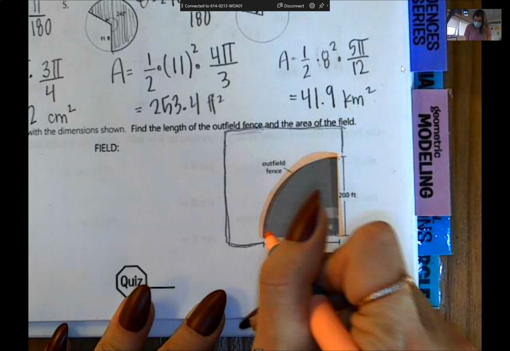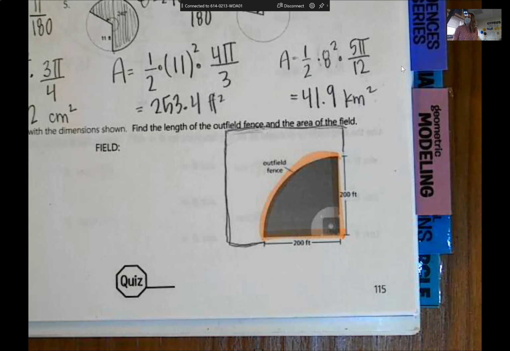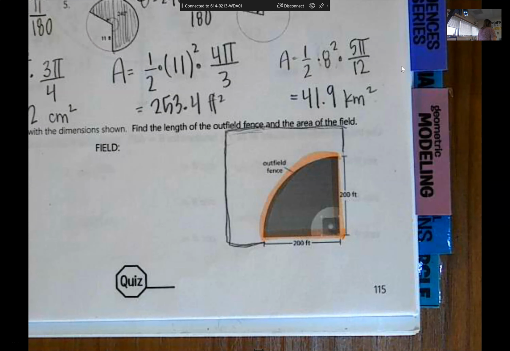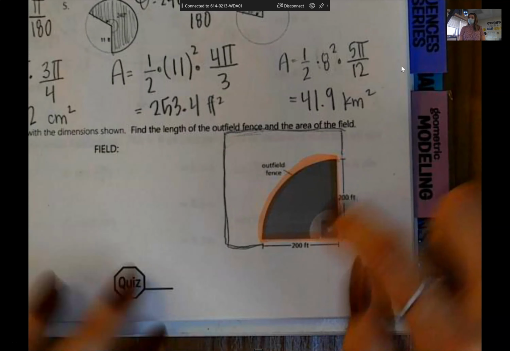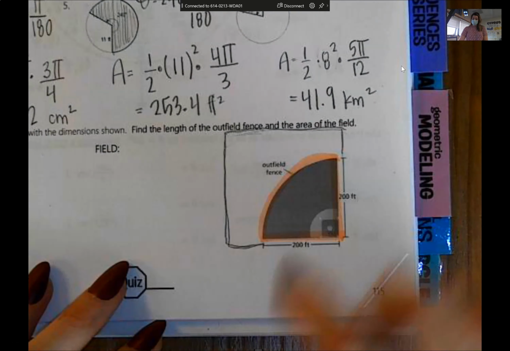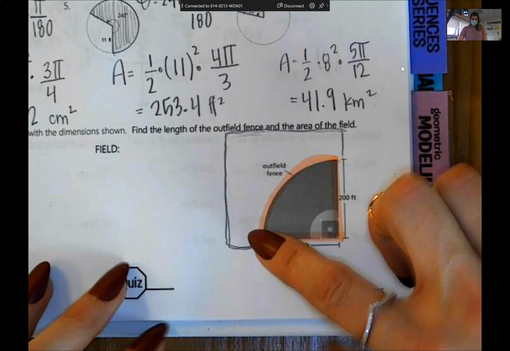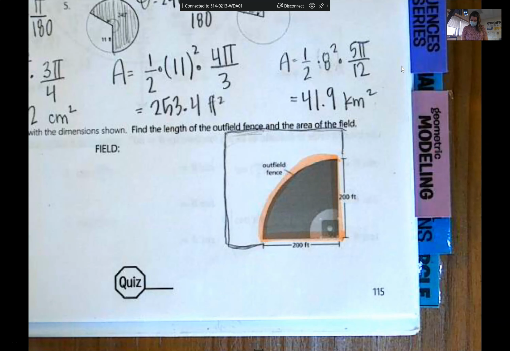So in this problem, it is a baseball field. They want us to find the area of the field and then the length of the fence that's at the end of the field. So area of the field would be our shaded in area. Length of the fence would be this arc. So fence, do they give us a measure?